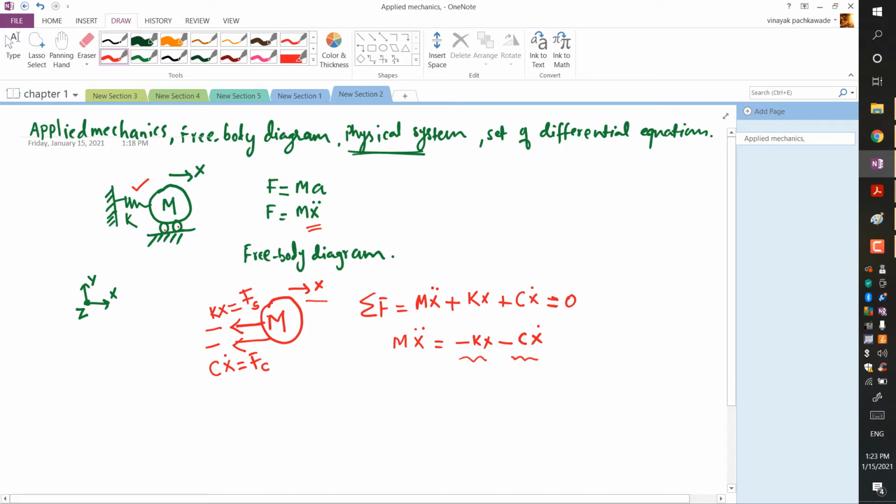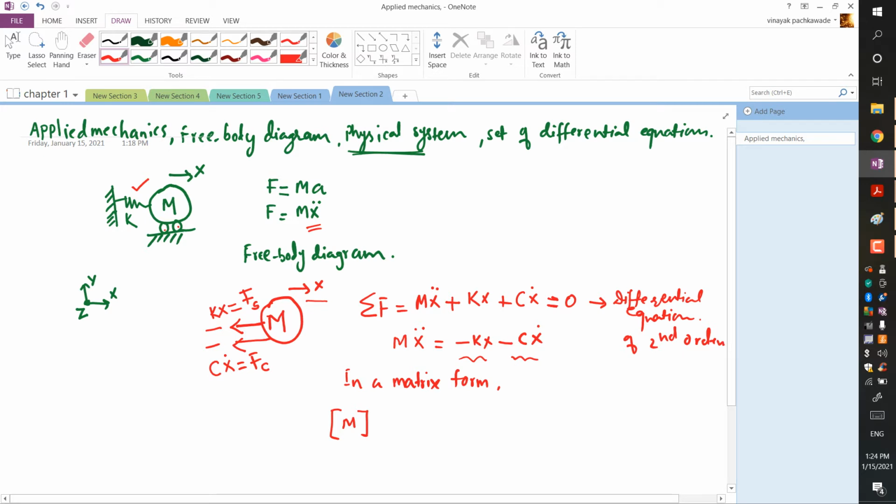And in matrix form, what we can write is the following. This is a second order differential equation, because we have two dots here, so it is a differential equation of second order.